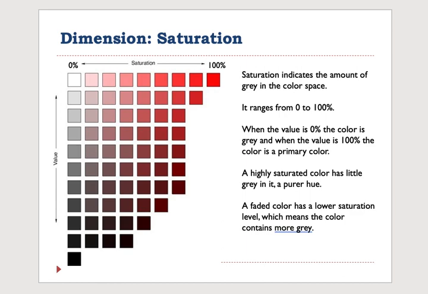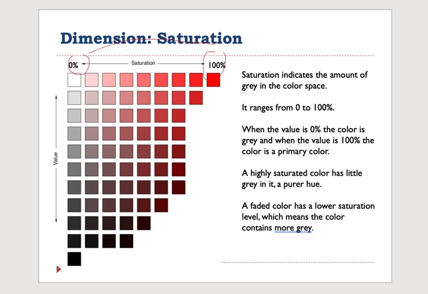Saturation indicates the amount of gray in the color space. It ranges from 0 to 100%. When the value is 0%, the color is gray. And when the value is 100%, the color is a primary color. So a highly saturated color has little gray in it, a pure hue, and a faded color has a lower saturation level, which means the color contains more gray.